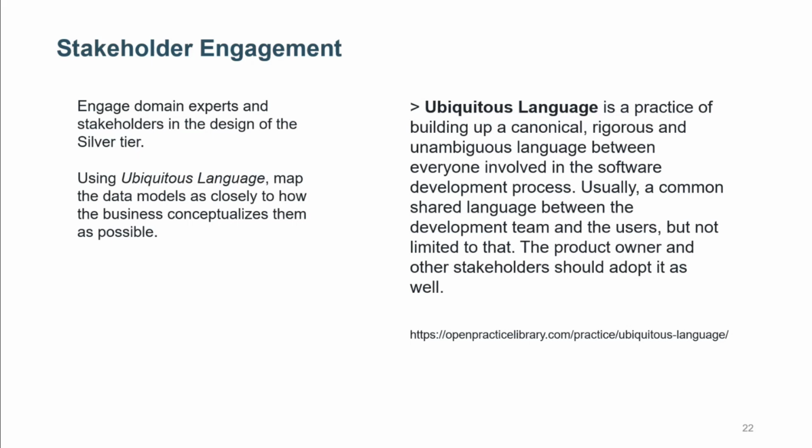A really powerful concept that I learned in my previous role as a software engineer is the idea of ubiquitous language. This comes from domain-driven design, and it's the idea of building up a canonical and unambiguous language between everybody involved in your software development process and in your business analysis as well.